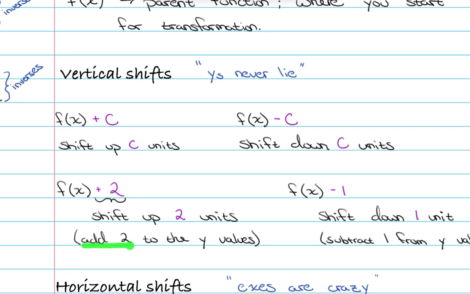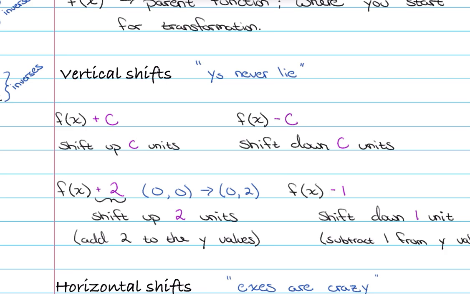Let's give another example: if your point started off as 0, 0, when you shift it up the 2 units, that point just moved to 0, 2. Just the y value got moved. The x value is not being moved right now. You're only talking about vertical, up and down, okay?